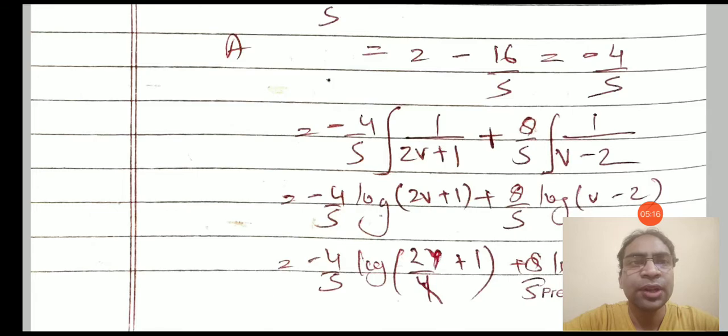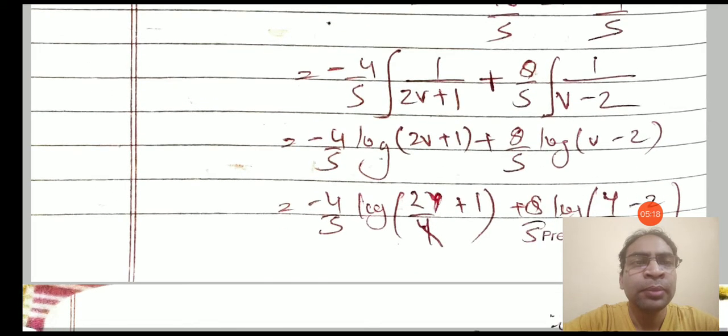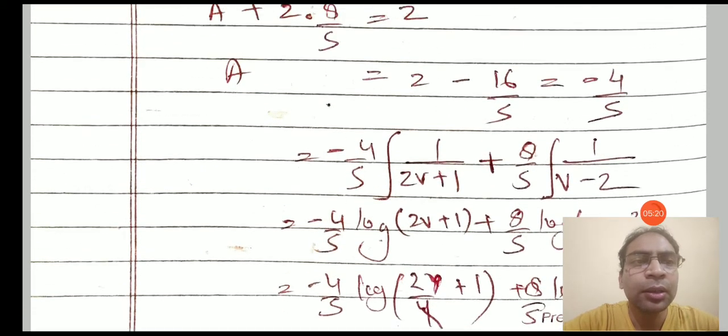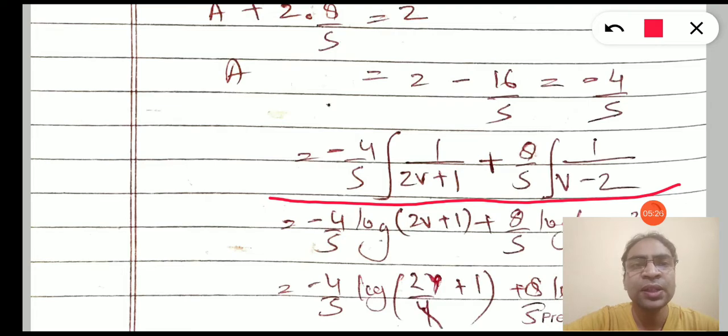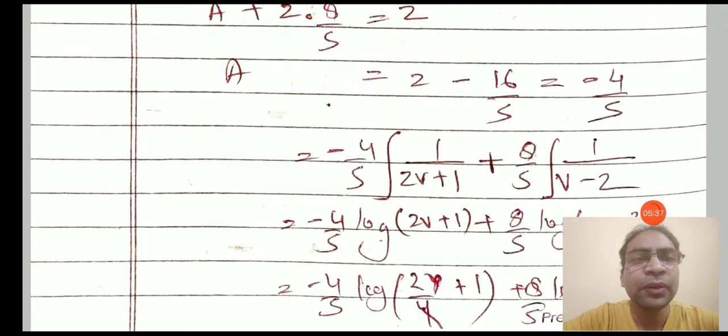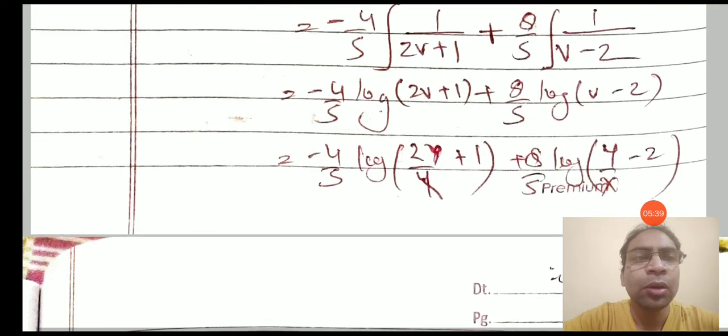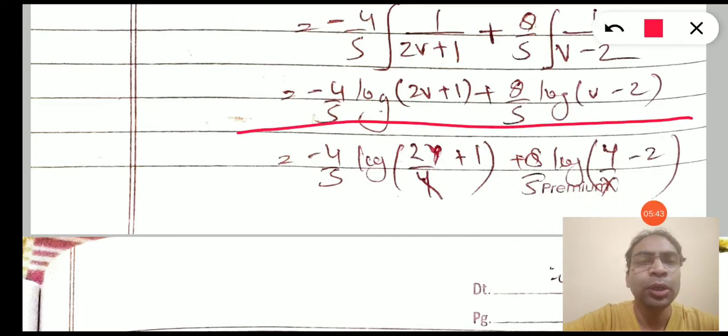By the partial fraction, we have converted the fractions into these two forms. Now these two forms can easily be integrated, as 1 upon 2v plus 1 can be converted to log of 2v plus 1, and 1 upon v minus 2 can be converted to log of v minus 2. So now we perform the integration, and we have this integral solution.